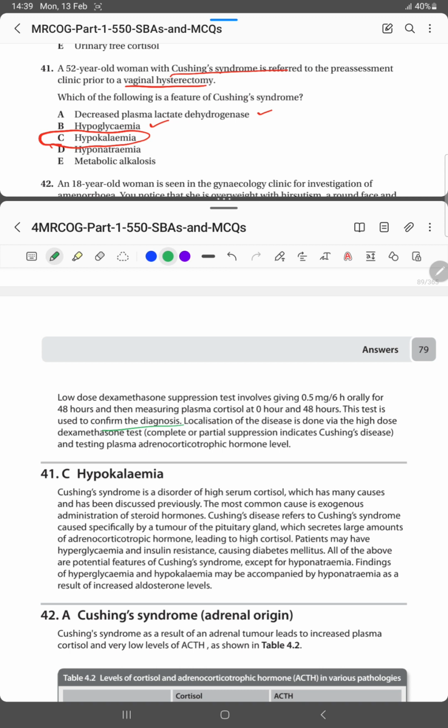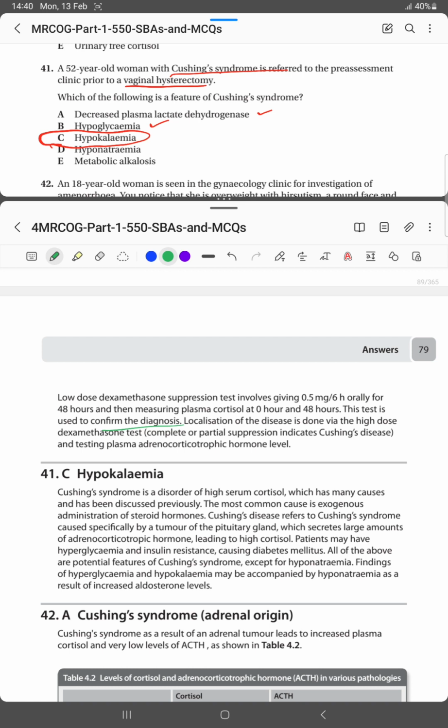Cushing syndrome is a disorder of high serum cortisol, which has many causes and has been discussed in our previous SBAs, and the most common cause is exogenous administration of steroid hormone. Cushing disease is caused specifically by a tumor of the pituitary gland, which secretes large amounts of adrenocorticotropic hormone, leading to high cortisol levels.